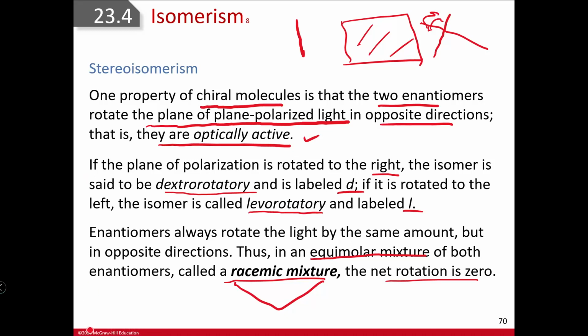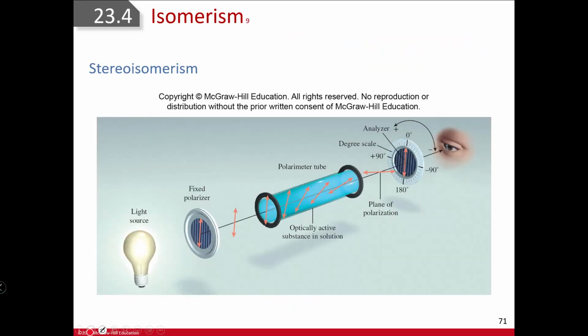So they do a much better job than me drawing a picture here. So this is what it looks like. You have a light source. You have a polarized lens here, so it only allows light to travel in this vertical configuration.